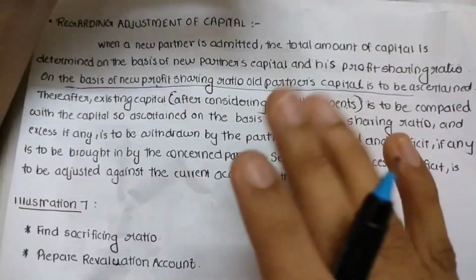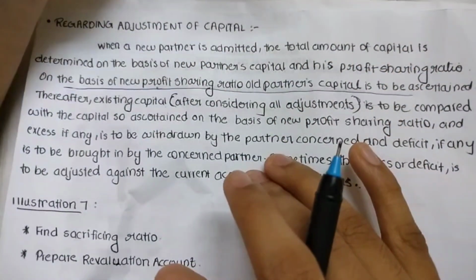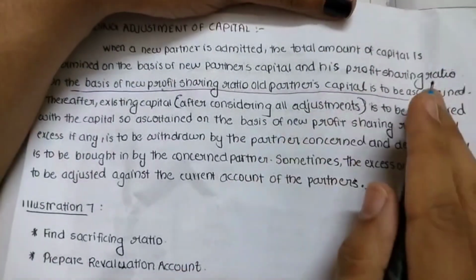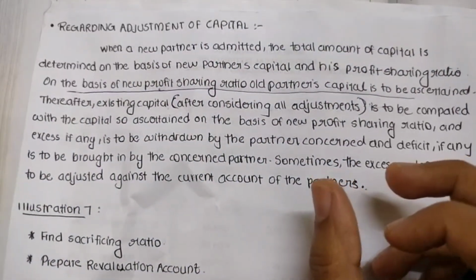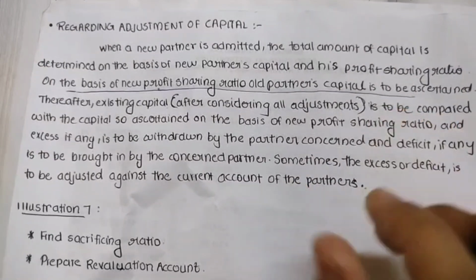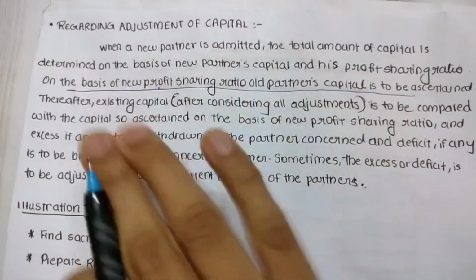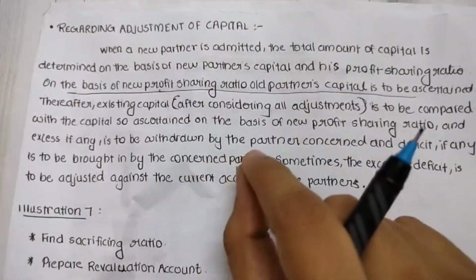That means the balances which we write in the new balance sheet are worked out separately. We won't get the capital balances as balancing figures; we have to find something else as the balancing figure.